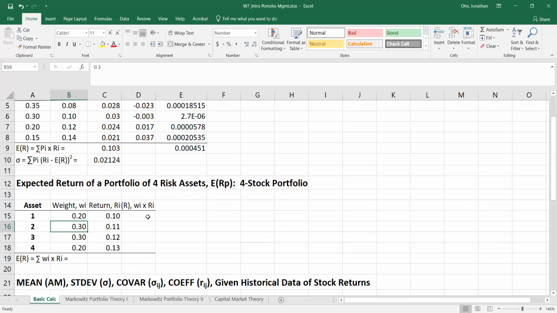If we calculate weight times return for all of them and sum them up, this is simply the weighted average of the returns.